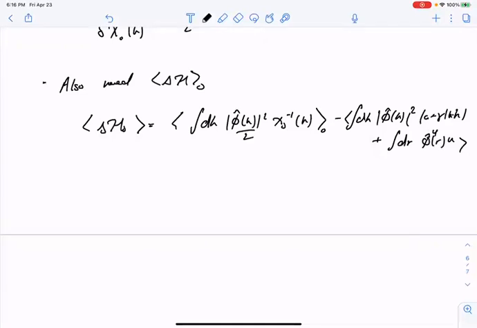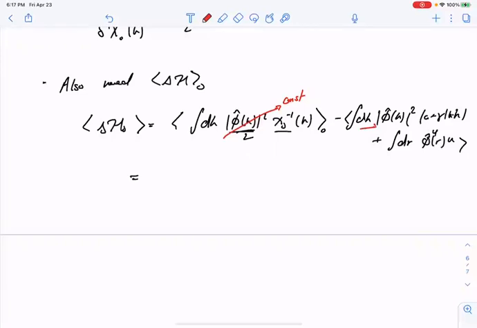So we can bring the average inside here. That gives me an average of phi squared over 2, which is just chi naught. That cancels that chi naught. So that whole thing is just a constant. Don't have to worry about it.